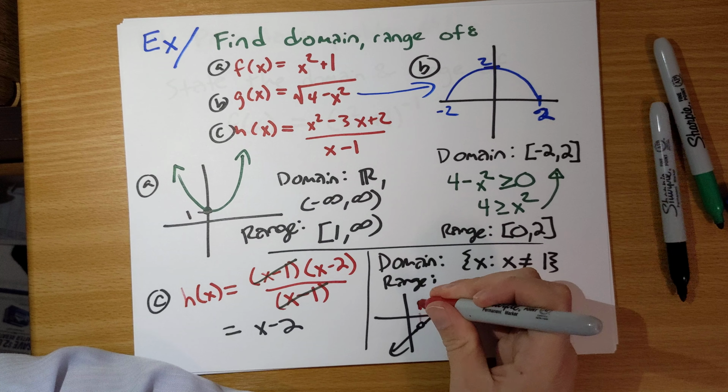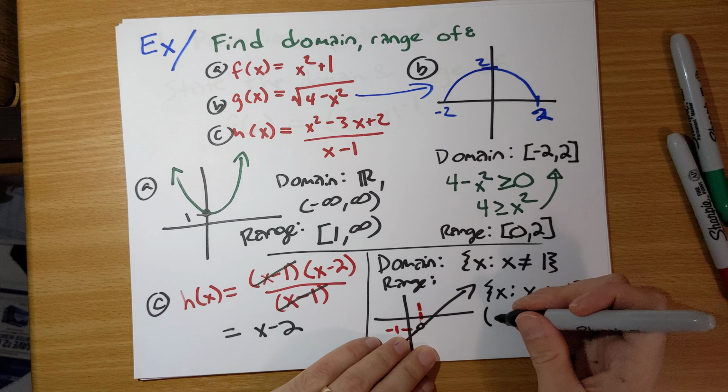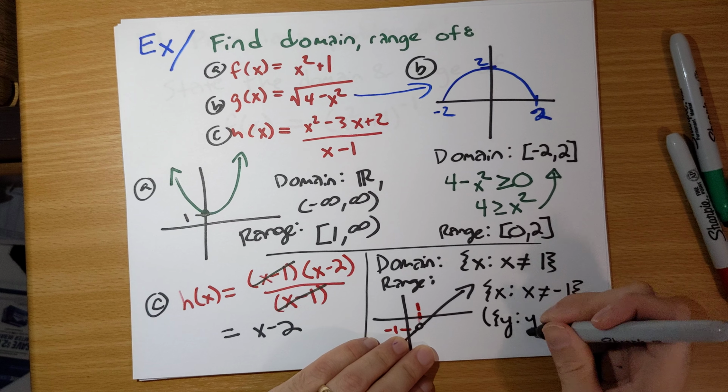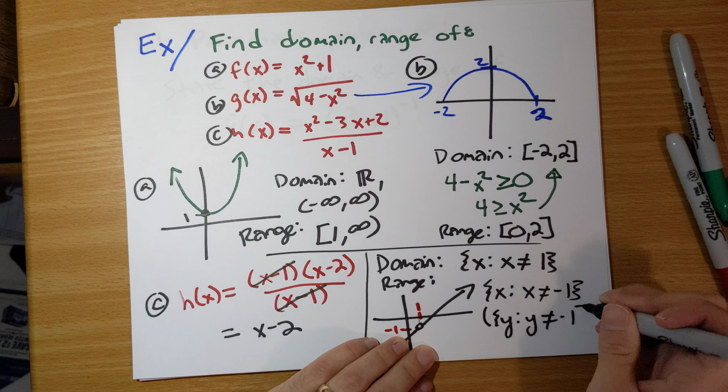And so if x were to equal 1, you get -1 here. You have a hole in the range at -1. So the range is going to be all x such that x is not equal to -1. And really, I should be writing the range in terms of y here, all y such that y is not equal to -1.